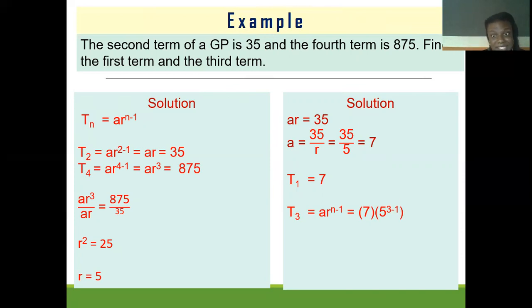Just take it step by step. 3 minus 1 is 2. So that gives us 7 times 5 squared, 7 times 25. And our T3, our third term, is 175. So T1 is 7 and our T3 is 175.